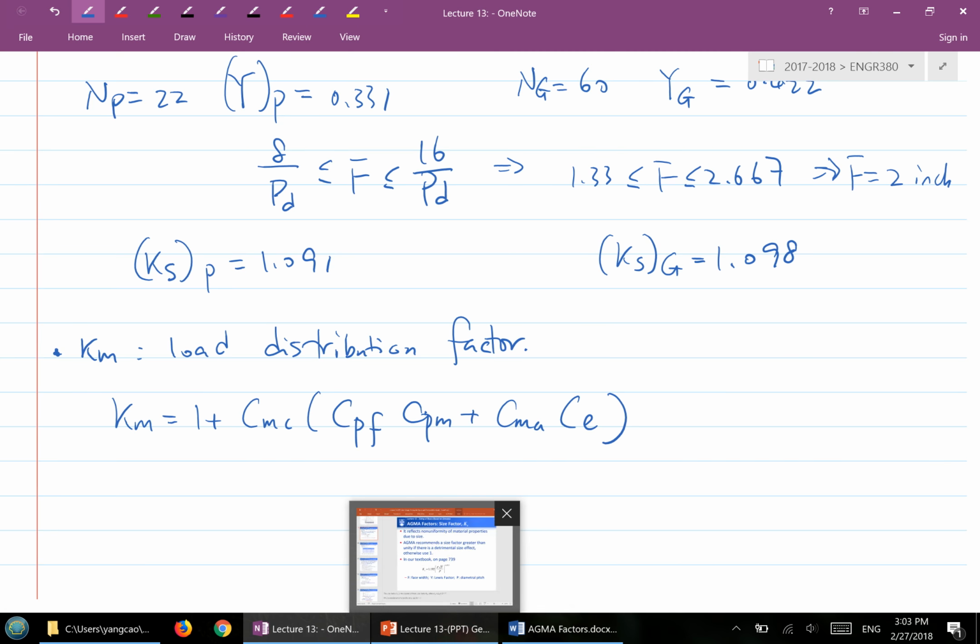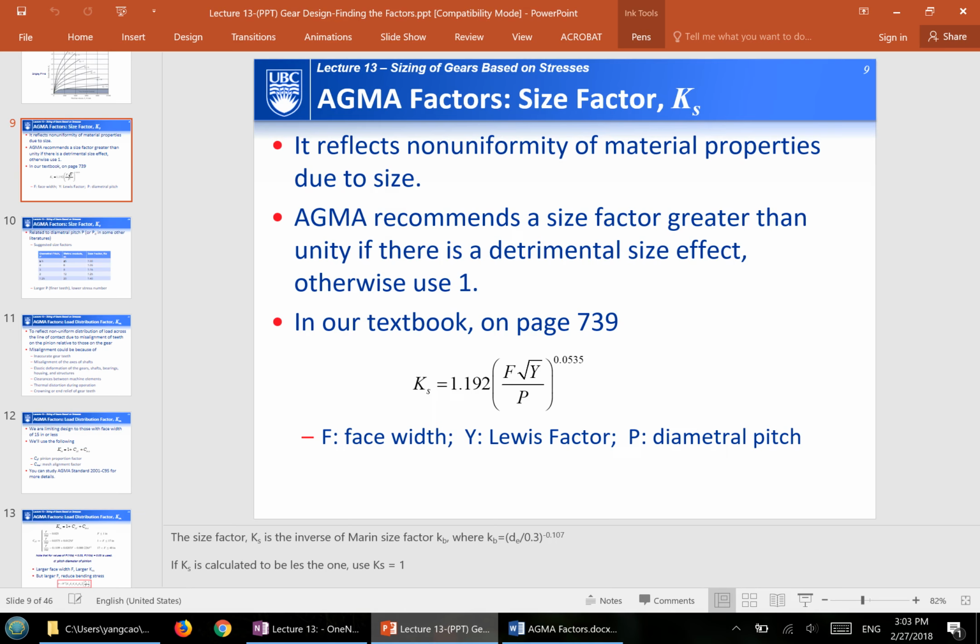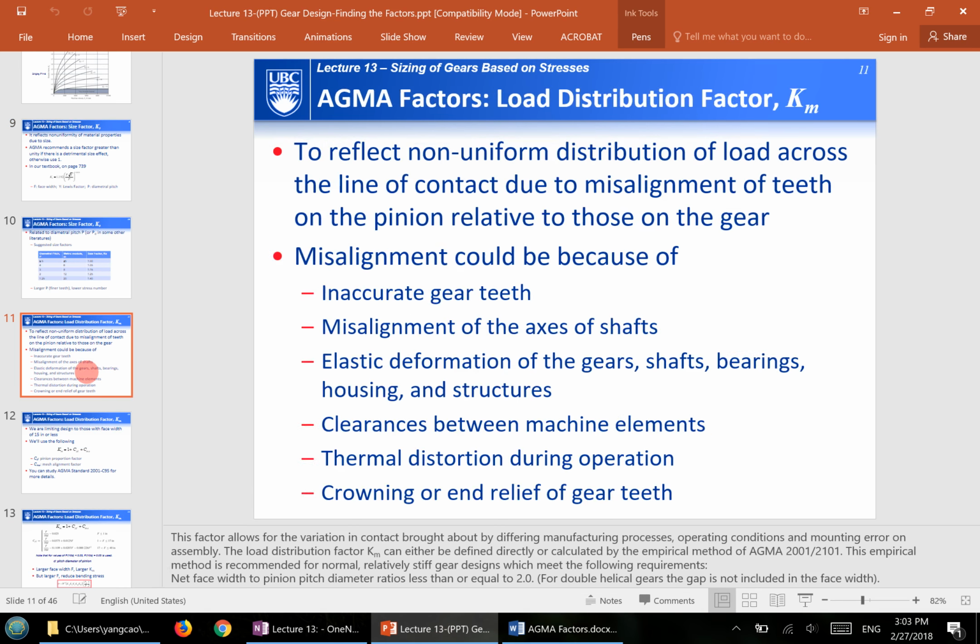Now, what exactly is the load distribution factor here? Load distribution: you have a pair of gear teeth in contact with each other, and a load acting along the pressure line.